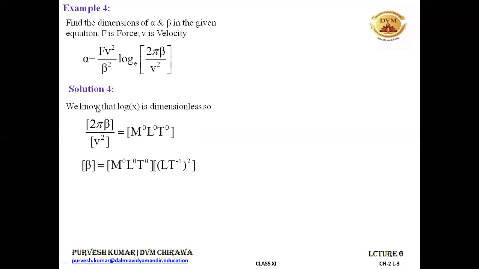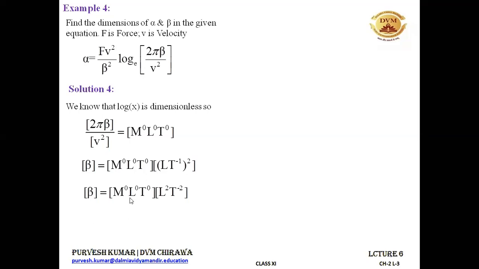Now you have to solve this m0, l0, t0 expression. First, you have to square these two quantities, because there is a square involved. So you should write it as L2 t to the power minus 2, like this.